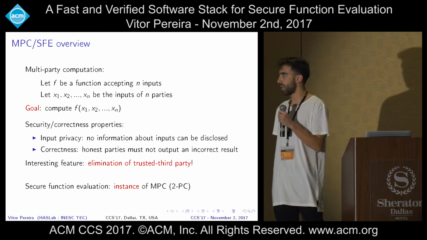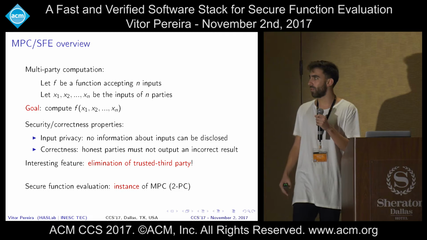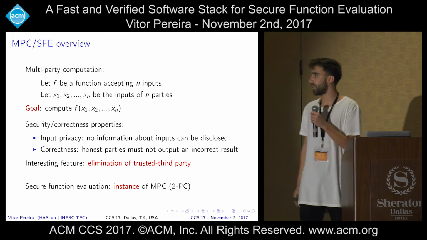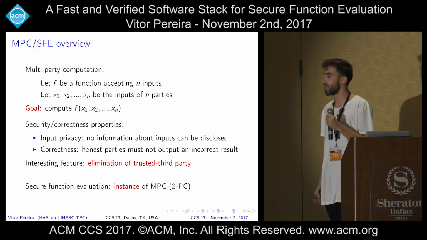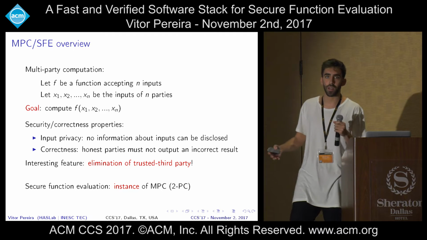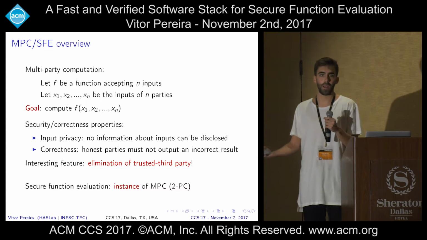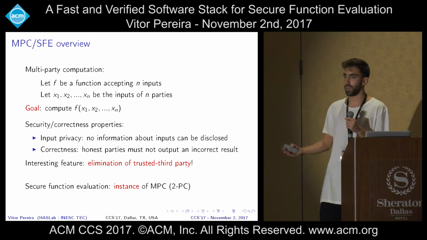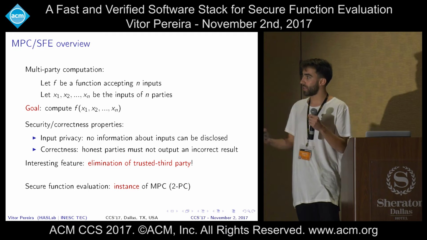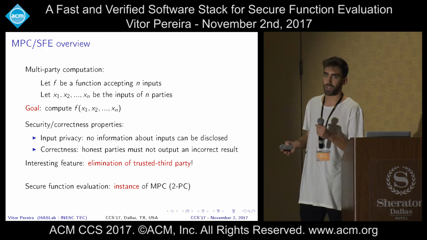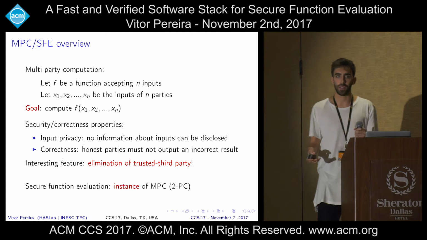So I would like to start by showing an overview of what multi-party computation and secure function evaluation is. Multi-party computation is a kind of cryptographic technology that allows n parties holding n inputs to securely evaluate a function f. And by securely, I mean that no information about inputs can be disclosed.